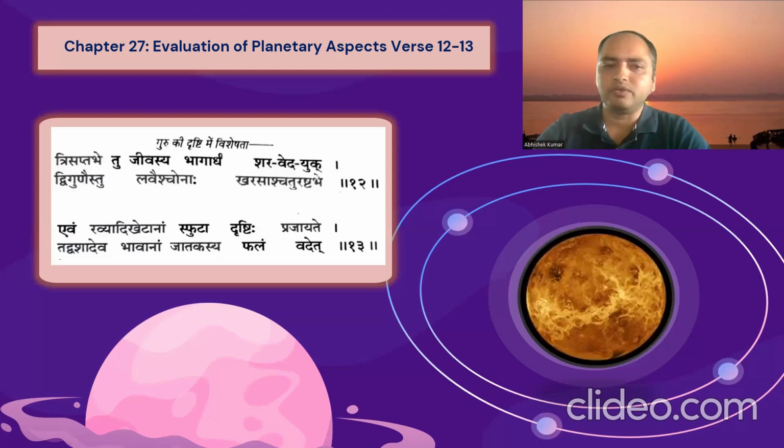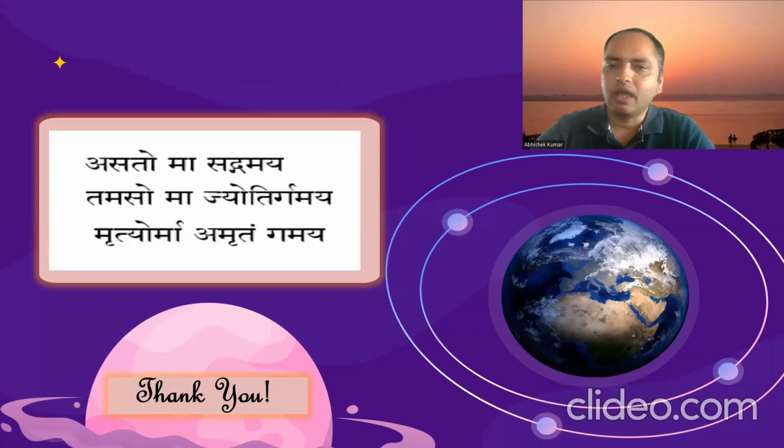But it's highly recommended you should know how to calculate the aspectual values by yourself, and then only use your software if you want. What Maharshi has revealed, we have just discussed here. Hope you understand this, and hope you will add this aspectual value in your predictive journey according to the wish of Mahaguru, Maharishi Parashara.